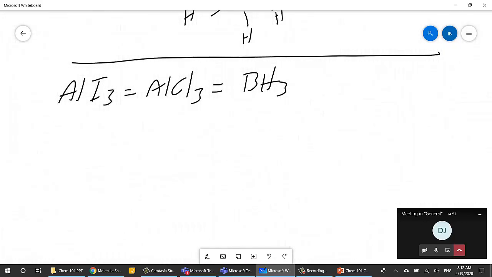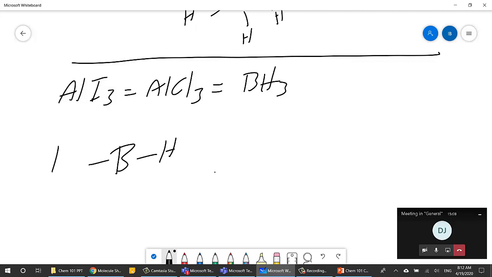They have the same geometry. So now BH3, it has 3 electrons and H hydrogen. So starting with Lewis will give you a 90-degree angle. That's Lewis. If I ask you to draw the Lewis, you draw it like that. It's 90 degrees. Okay, but this is not the VSEPR structure.